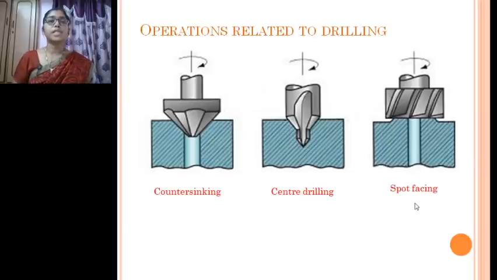Now countersinking is the operation which is meant for producing tapered holes. If you want to finish the hole to some length with a tapered section, think of screws or nuts which we place inside a block of material.